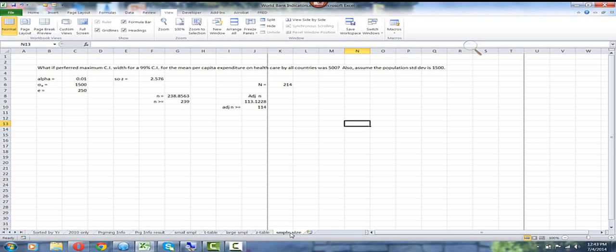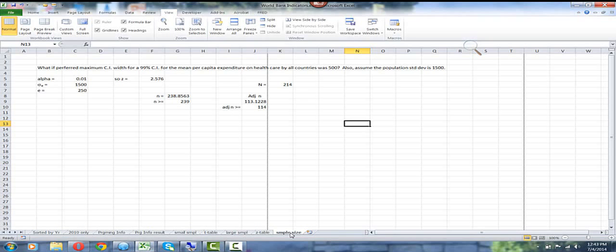One other topic we looked at with confidence intervals was, what's the appropriate sample size? So let's go back to the small sample case where we're looking at healthcare, and I had a pretty wide interval. It says here, what if the preferred maximum confidence interval width for a 99% confidence interval for the mean per capita expenditure on healthcare by all countries was $500?